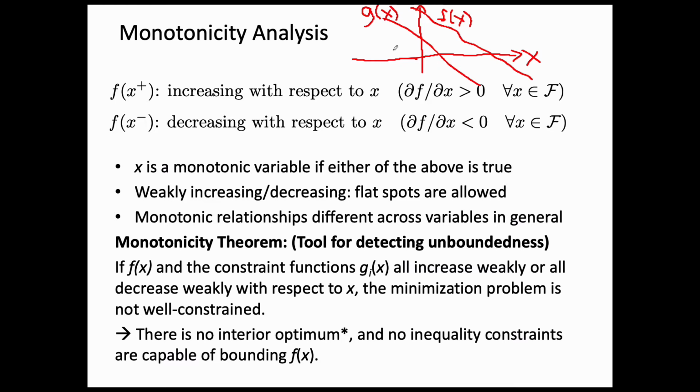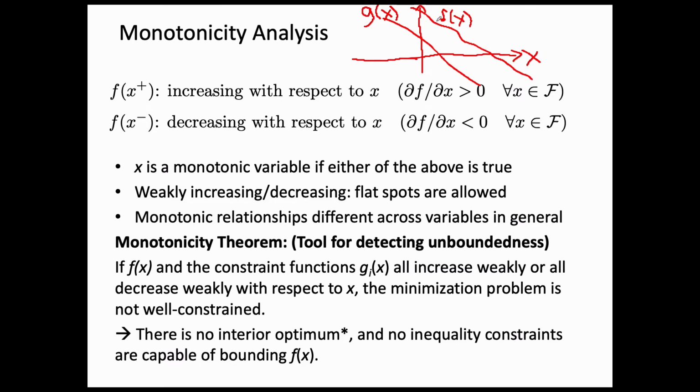Suppose g of x is an inequality constraint and we have posed our problem in negative null form. That means that wherever g of x is less than or equal to 0, the problem is feasible. And the way I've drawn g of x and f of x, these are both decreasing functions. This satisfies what we described down here with the monotonicity theorem.